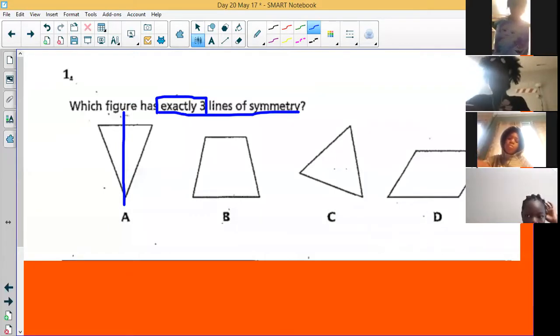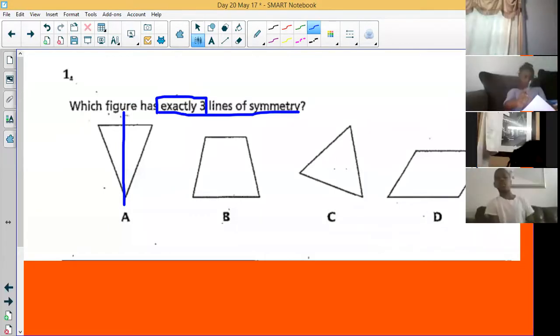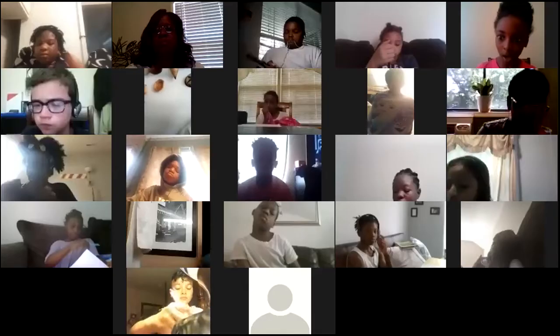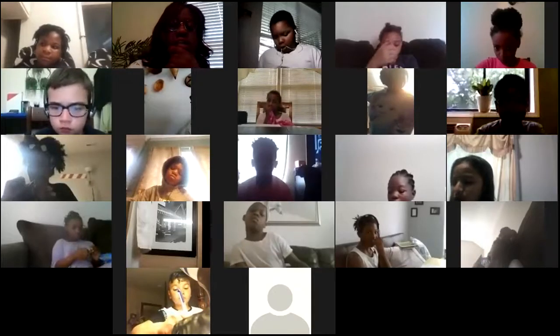Are they symmetrical? If you think they are, put your thumbs up. If you think they're not symmetrical, put your thumb down. Please mute yourself. So my question was, if you think that's a line of symmetry, to give me a thumbs up. If not, thumbs down.